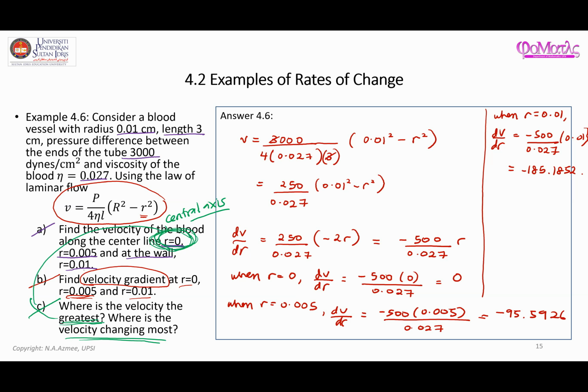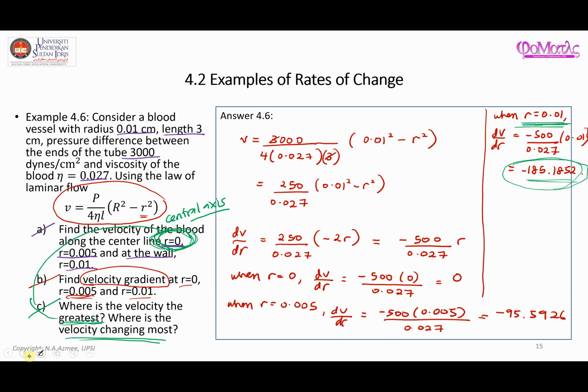So the velocity is changing most at r equals to 0.01, because based on the answer here, the slope is the most steep, which is negative 185.1852. So at this place, this is where the velocity is changing most.